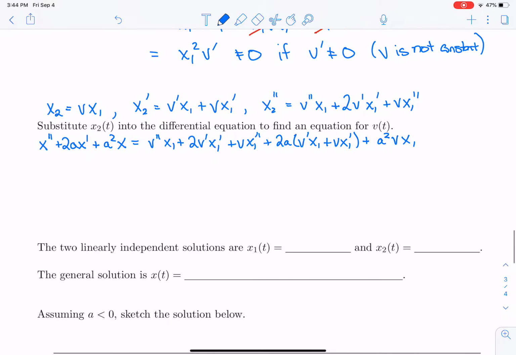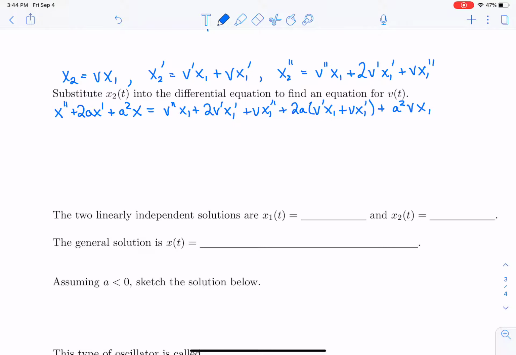Of course, that I'm going to set equal to 0.